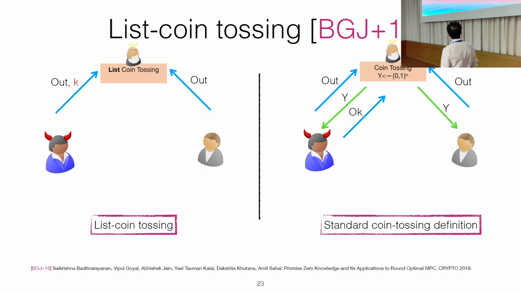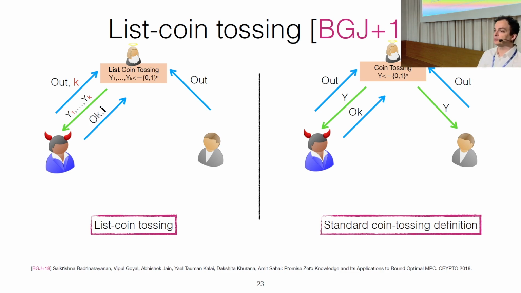In lease coin tossing instead, what you have is that the adversary receives k random strings, k candidate outputs. And now he can decide which of these k outputs the adversary likes. Okay?